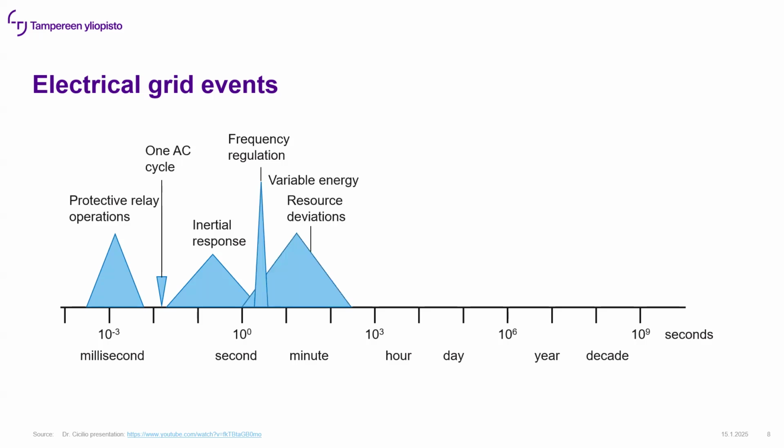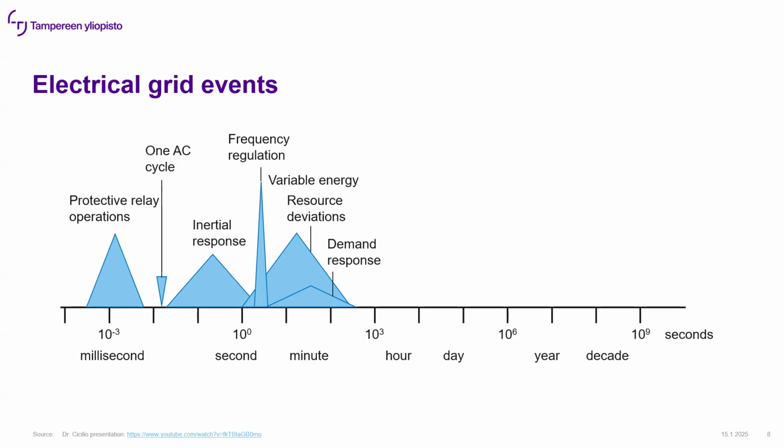There are variable energy resource deviations and demand response. So how fast, for example, if you saw last time, I think I showed you the graph from Fingrid, the third of 6th last year when the Olkiluoto 3 power plant tripped out of the network.